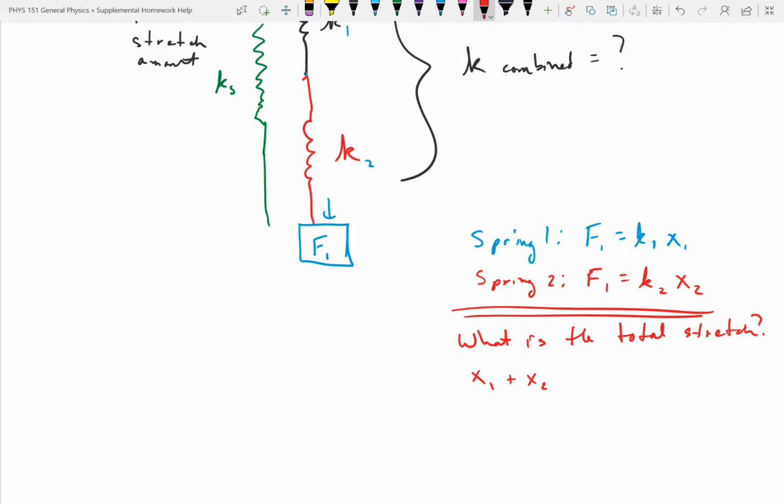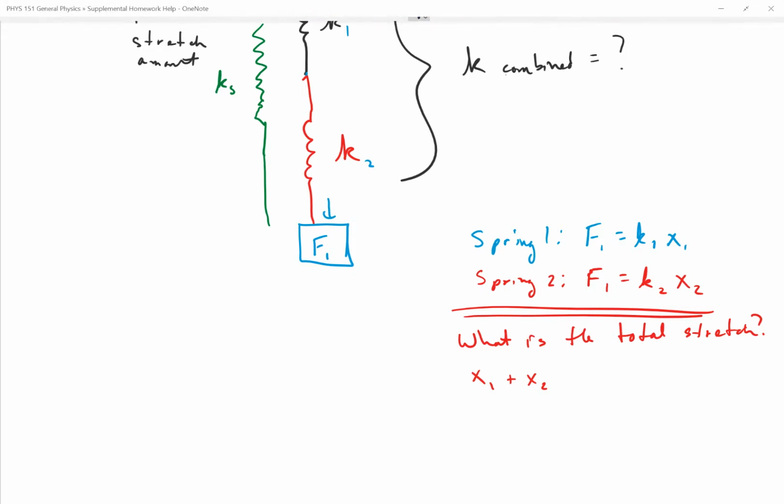So it'd be K series times X1 plus X2. Well, that, when I go to the green, that is what I'm going to write. Okay. But right now, I'm looking at these two springs. And so I just say, well, the total amount it stretches is going to be the amount spring 1 stretches plus the amount spring 2 stretches. So it's just going to be X1 plus X2.